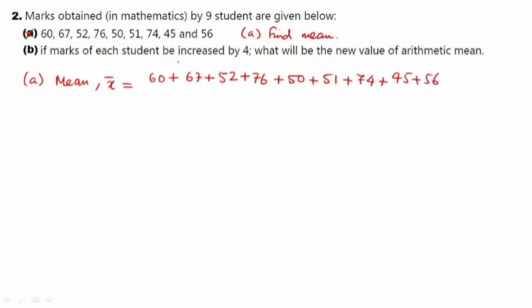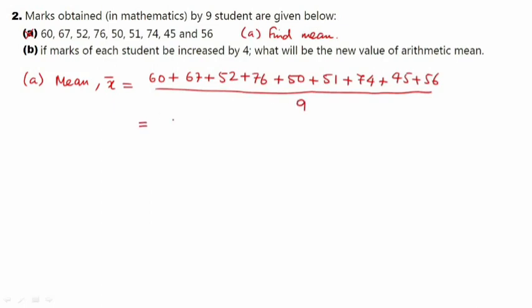Kindly check whether there are 9 marks or not: 1, 2, 3, 4, 5, 6, 7, 8, 9. Yes, we have 9 observations because there are 9 students. So add up all the marks and divide by the number of students.